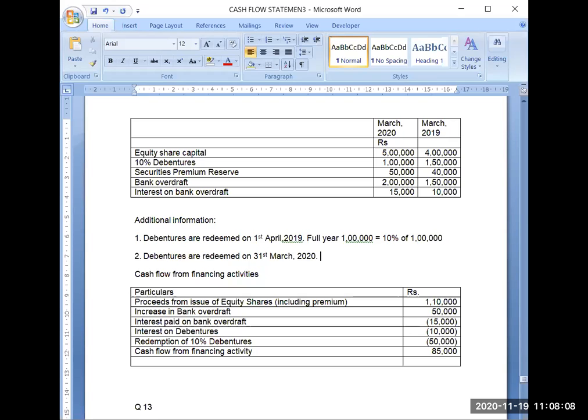Then for the full year, what amount have I used? You have to find that out. For the full year, I have used 1,50,000. On the last day of the year, I have redeemed 50,000. So in that case, I will calculate 10% of 1,50,000. This is also clear.